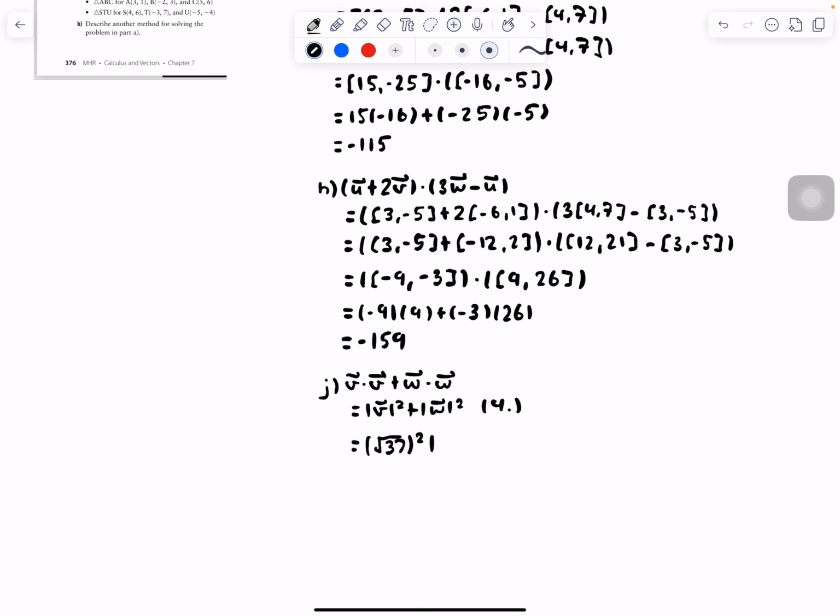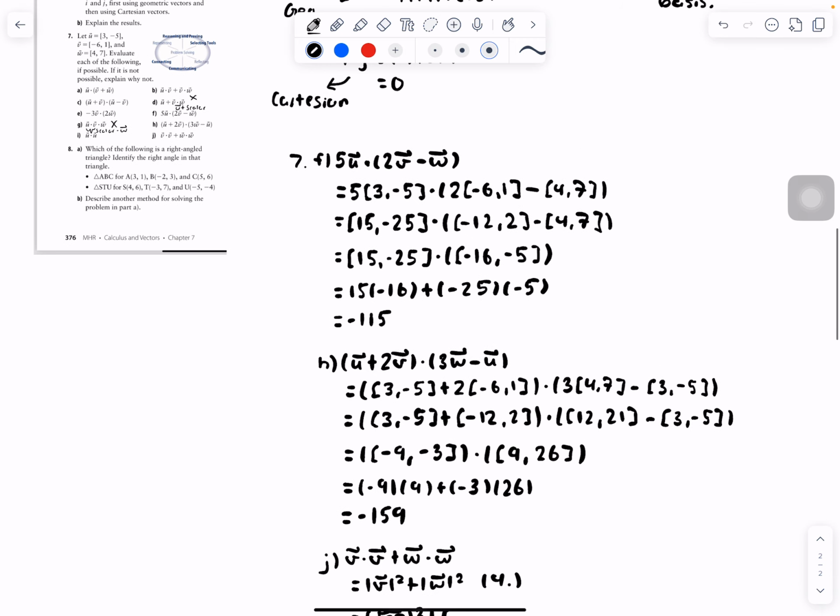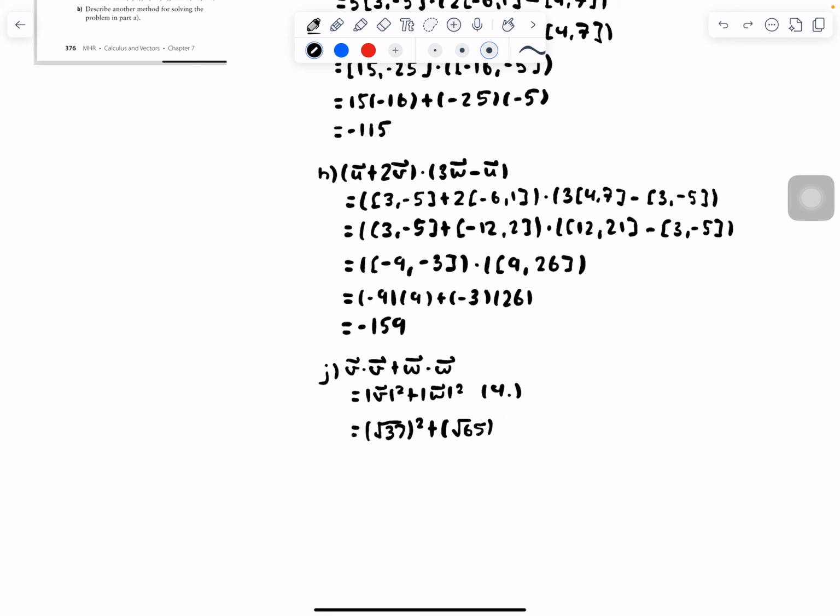But then that's squared, plus W, which is 4 squared plus 7 squared, square root 65, also squared. So the square roots cancel and you get 37 plus 65, which is 102.